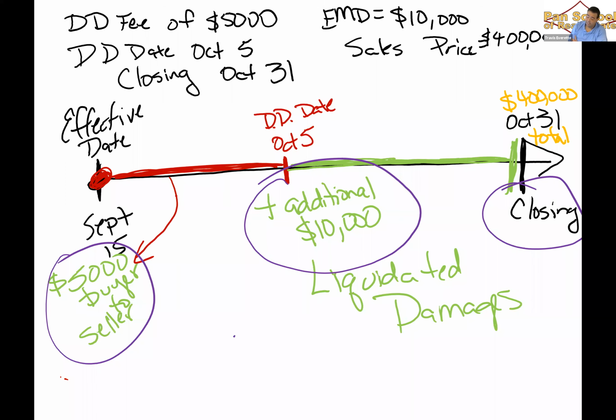So looking at that picture, if you're the buyer and you know you got to pay the due diligence fee just to go under contract, do you want that to be a short amount of time or a long amount of time? Considering you pay the same thing for it, whether it's short or long, what do you want as a buyer? Probably longer. Because as a buyer, you pay the same thing whether it's a day or 10 days or 100 days, right?